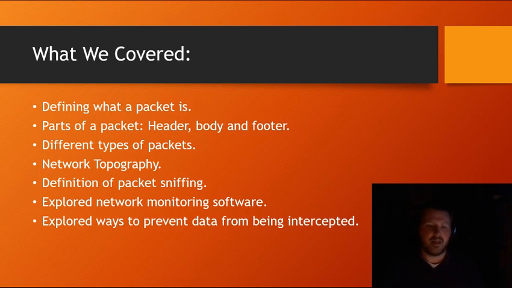I talked about what packet sniffing is, as well as network monitoring software, Wireshark specifically, covering some of its features and some pictures that I had taken of me using the software. And we also covered some ways to try to keep your data safe from being intercepted by people that you don't want to have it.